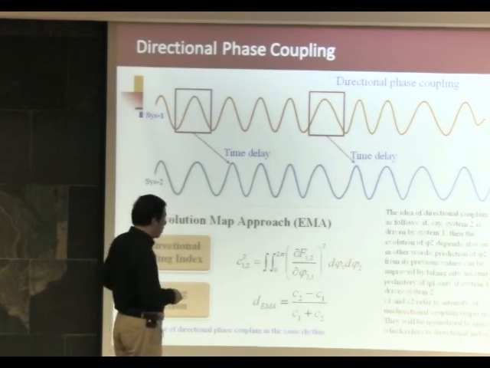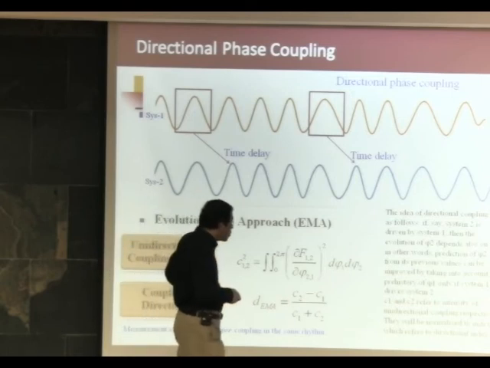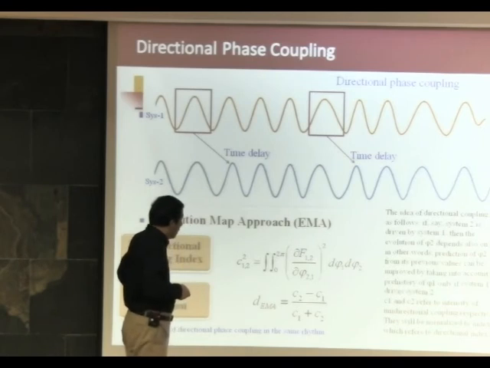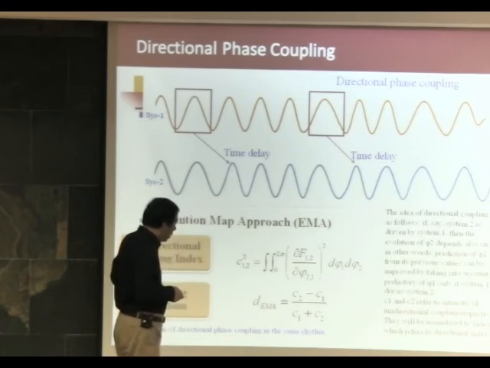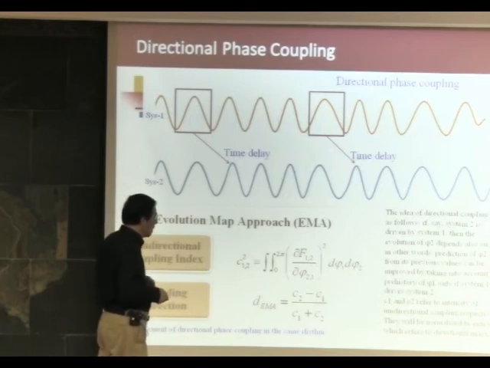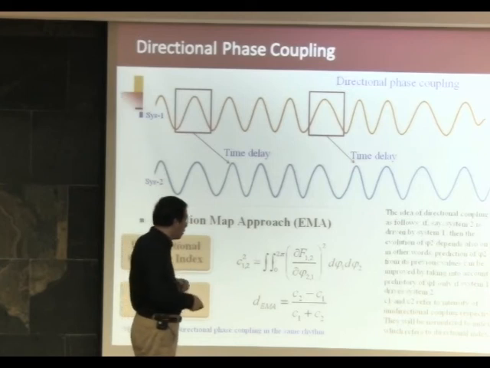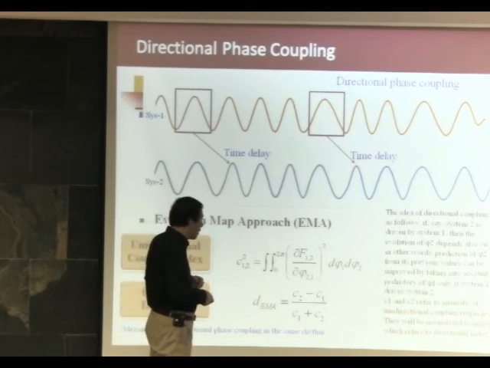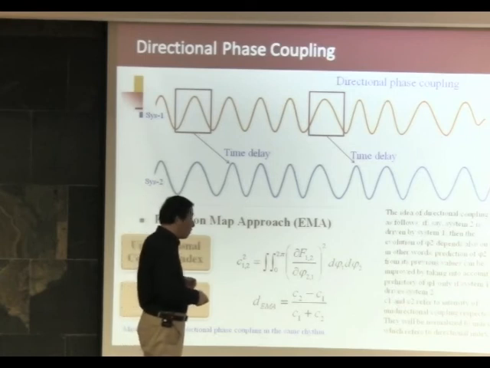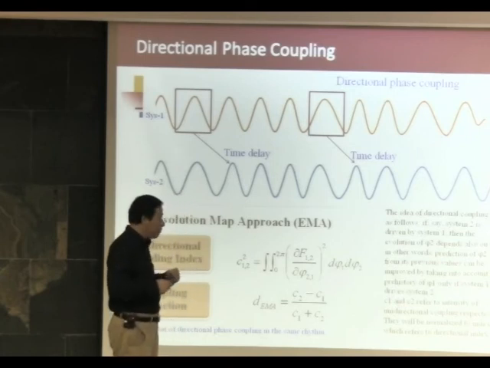In other words, the prediction of phi 2 from its previous values can be improved by taking into account the prehistory of phi 1, only if system 1 drives system 2.